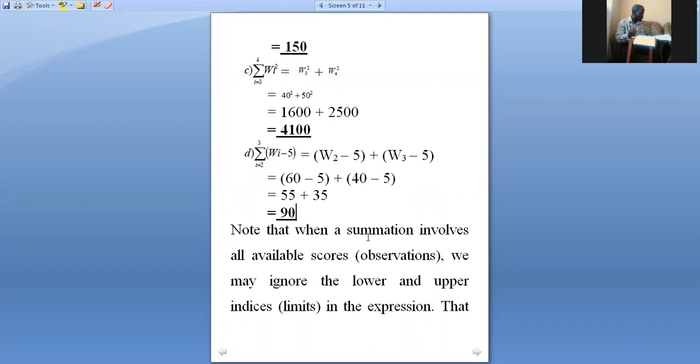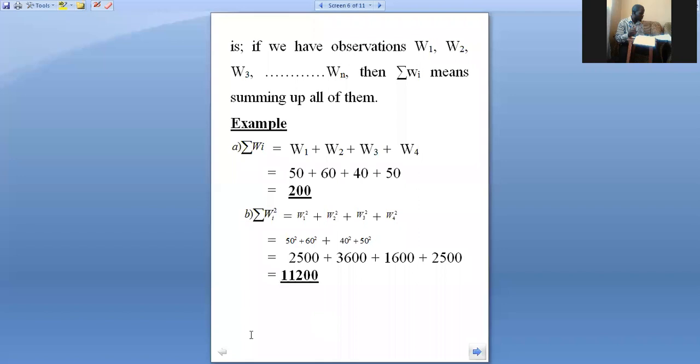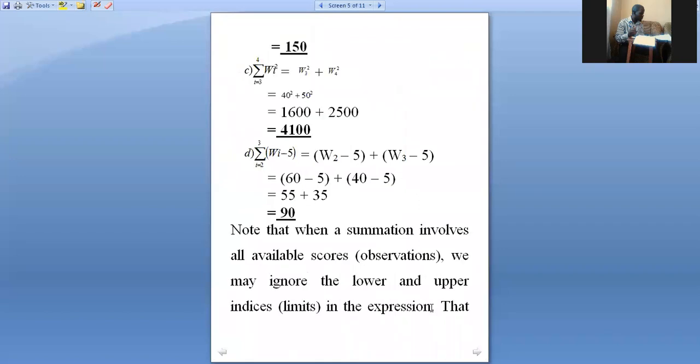Note that when a summation notation involves all the available scores, we may ignore the lower and upper limits. So when the summation notation requires you to add up everything in the data given, the lower and upper limits may be useless. In other words, when you see a summation notation without upper and lower limits, it is simply telling you to sum up everything given.